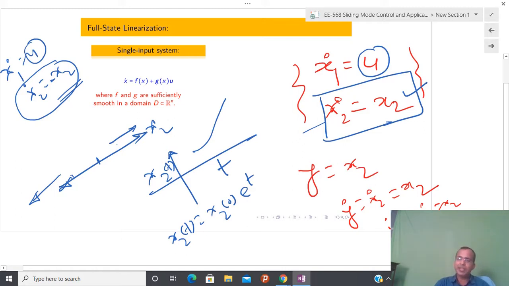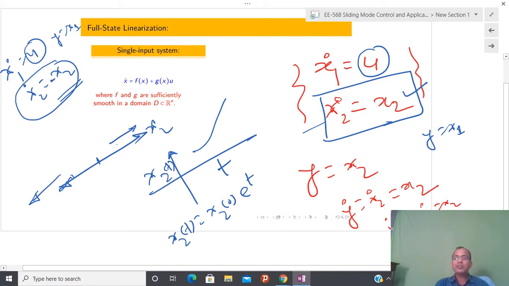Here the output is x1. In both cases you can assume the output as x1. So you can see that the relative degree is 1. So I found that by designing a one dimensional control, I can control this system.